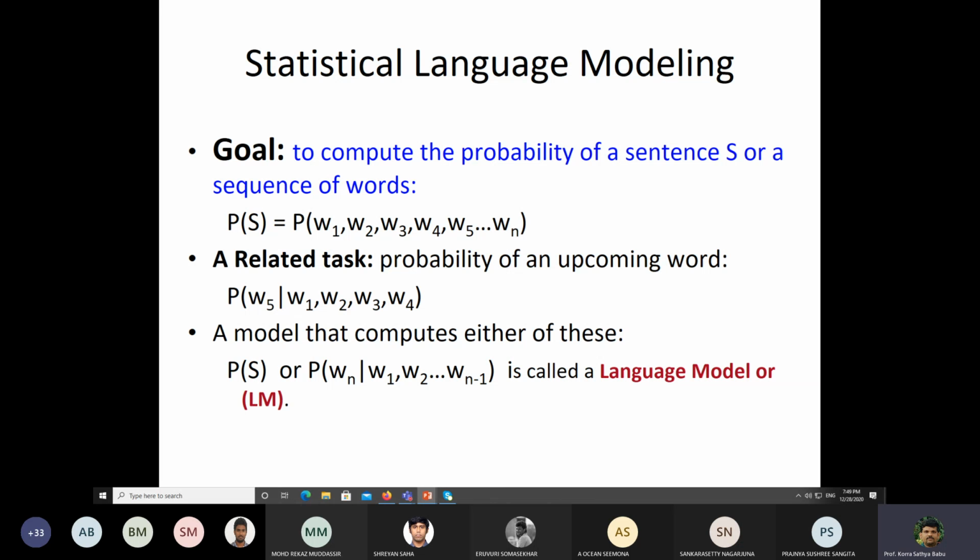Okay, this is the language model. Now this is with respect to a statistical language model. We are using probability here.